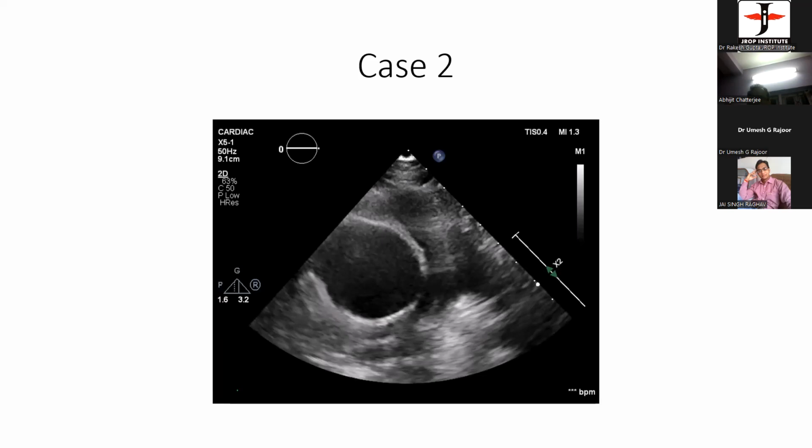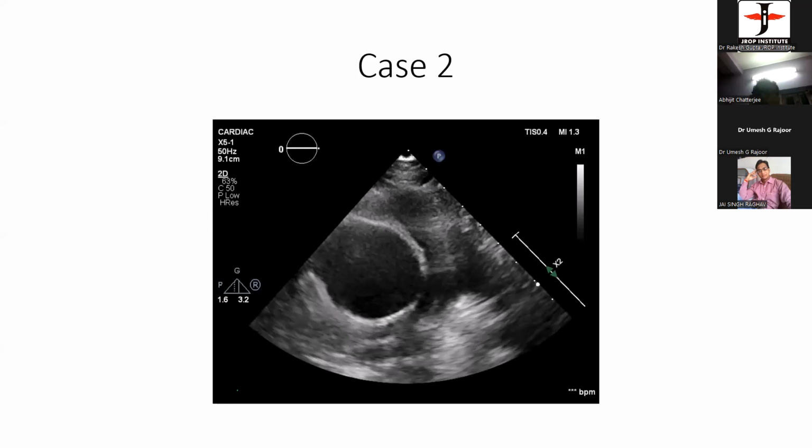If commissures are also severely calcified. What else? And significant regurgitation. Significant mitral regurgitation. Can't say, sir, about MR.